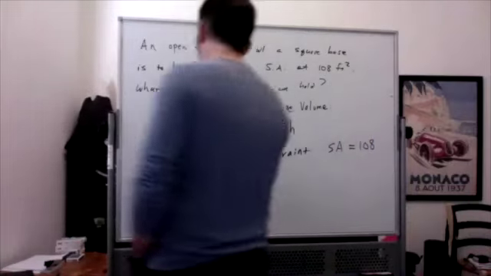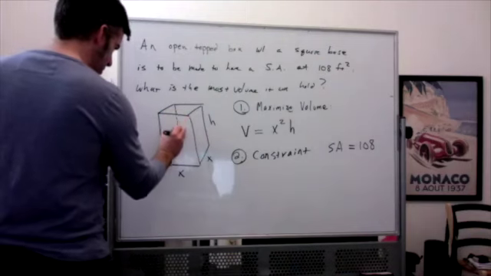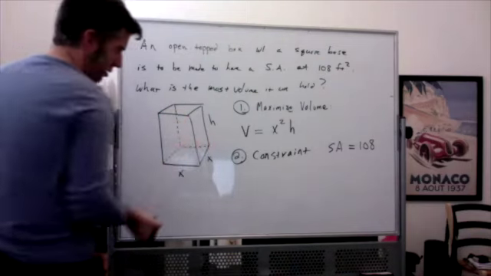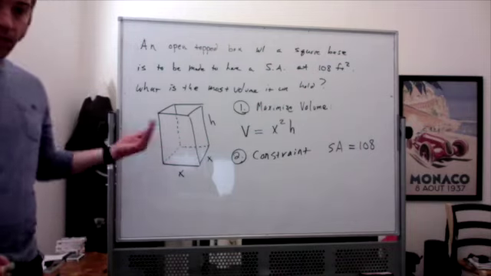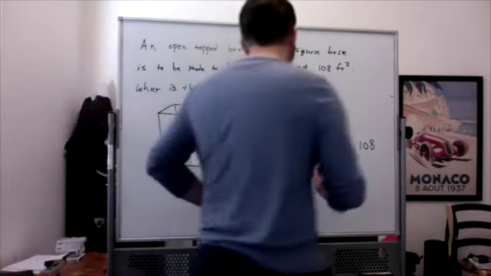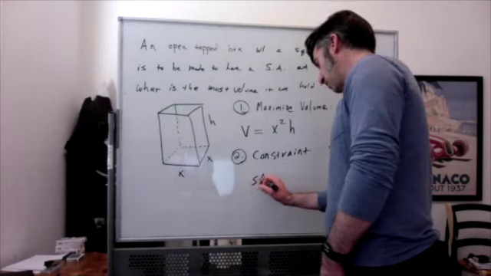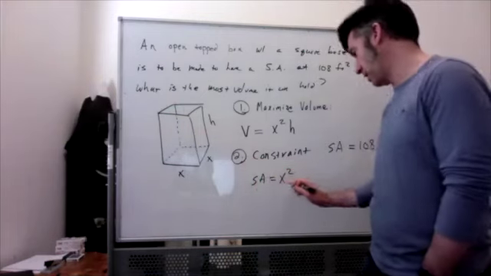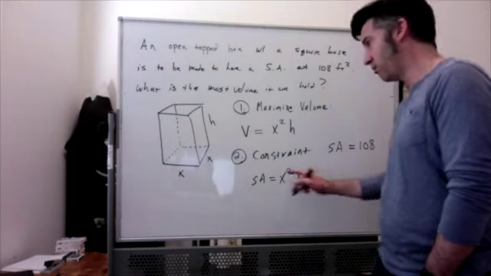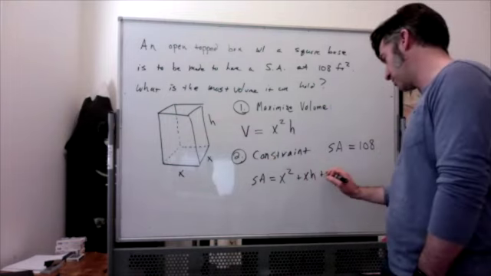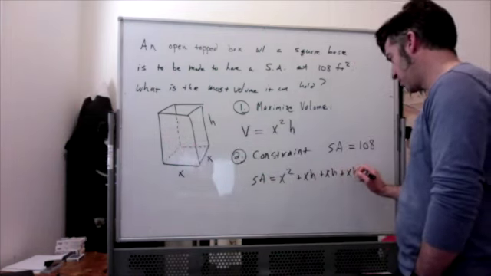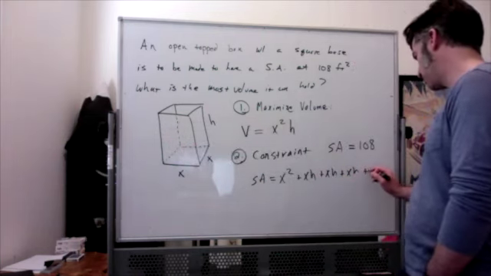So I might want to draw more of a picture. Right, so you can see that the bottom of the box has an area of x squared. So the surface area is the bottom area plus the front rectangle, which is x times h, plus the side rectangle, which is also x times h, plus the other side, which is also x times h, plus the back side, which is also x times h.